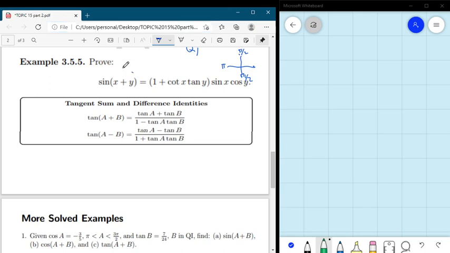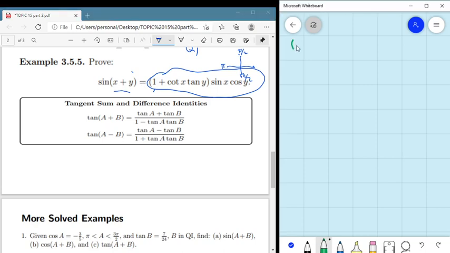Okay, in this case, murag mas nindot ni nga kani diri nga right side ang atong i-simplify na mapareha sa left side. Okay? So, quantity 1 plus cotangent x tangent y times sine x cosine y.